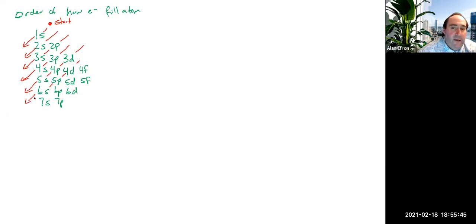So if you know this and you know what we talked about earlier, that if you fill up an s orbital on any level, that is 2 electrons. Fill up the p subshell, that is 6 electrons. Fill up the d subshell, that is 10 electrons. And fill up the f subshell, that is 14 electrons. You should be able to write any type of electron configuration that you would need to. And we'll talk about writing that, I think, next time.